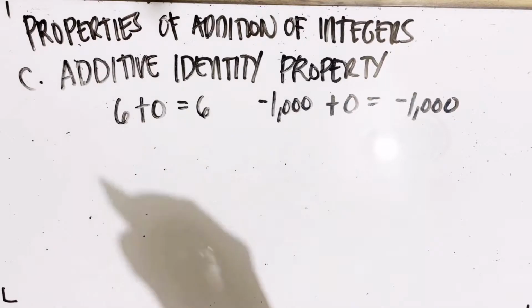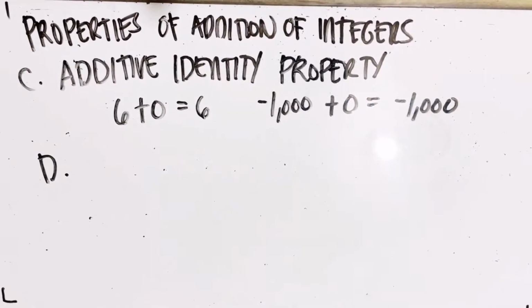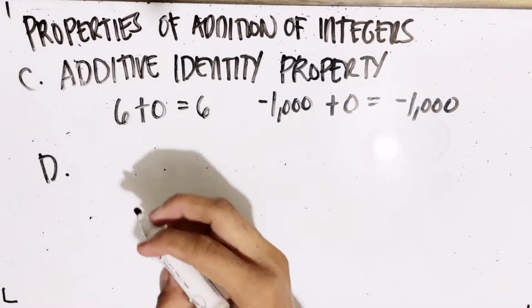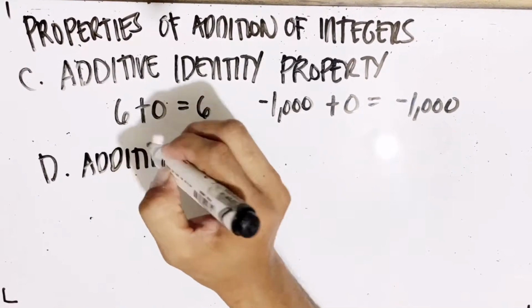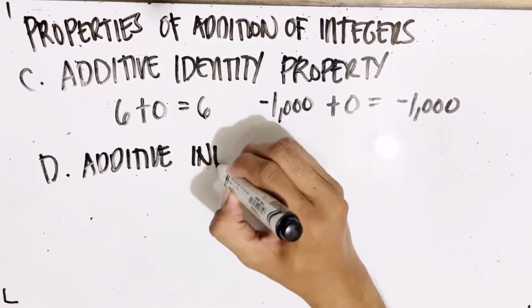The next property is called the additive inverse property.